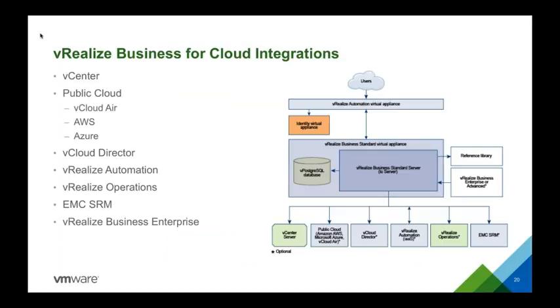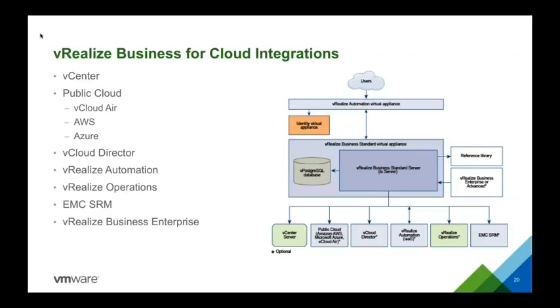So if we talk just for a minute about those integrations, to begin with, the essential integration really is vCenter itself. If you have a vCenter in your environment, then when you first install the vRealize for Business appliance, that appliance will be pointed to your vCenter or vCenters, and that enables you to then immediately get that view on what the cost of that infrastructure is.